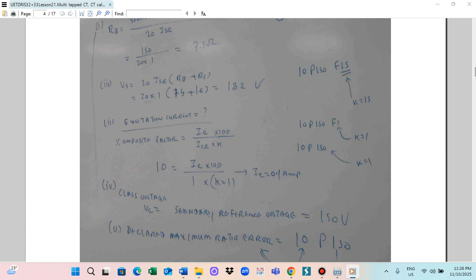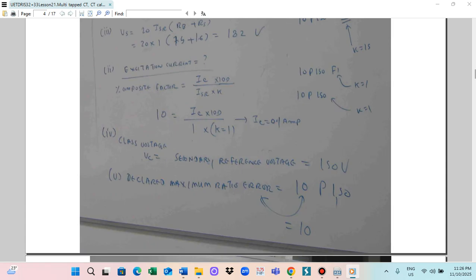So only RB we have to calculate. RB is reference voltage divided by 20 times rated secondary current. The reference voltage we also call the class voltage, so 150 divided by 20 gives 7.5 ohm. Composite error is IE into 100 divided by IS into K, so we utilize this equation. We don't know IE. IS is 20 times secondary current of 1 ampere, then you get IE.